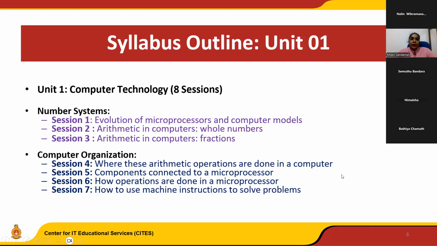Okay, and as the syllabus outline, as I told you previously, there are two units, Unit 1 and Unit 2. Under Unit 1, you will explore the evolution of microprocessors and computer models, and you will also learn how numbers are stored and processed inside the computer.